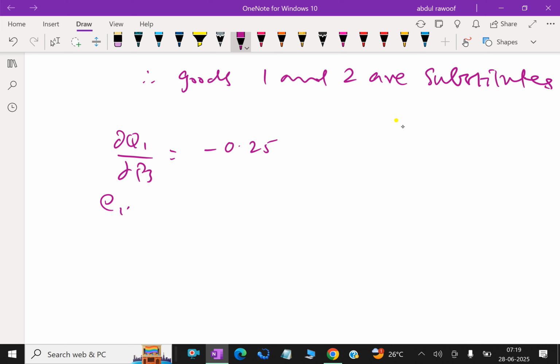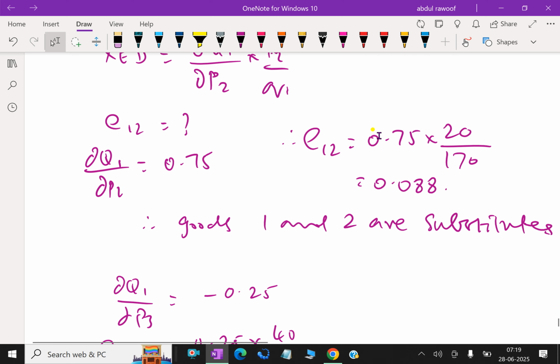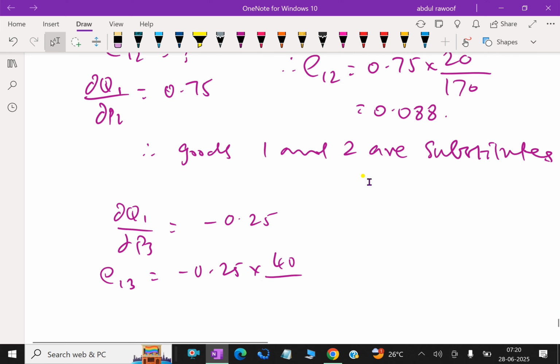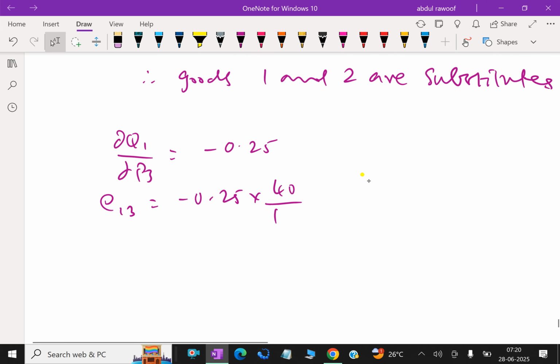Then E13, for products 1 and 3, is minus 0.25 into 40 by 170, where P3 is 40 and Q1 is 170, which gives minus 0.059.